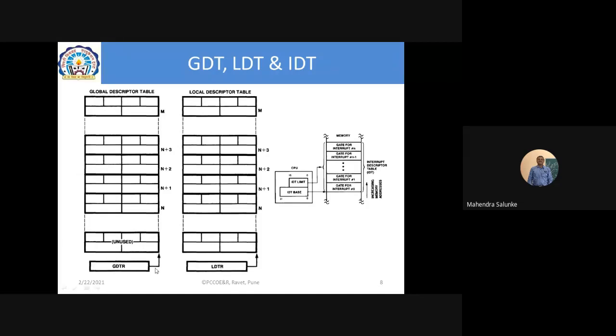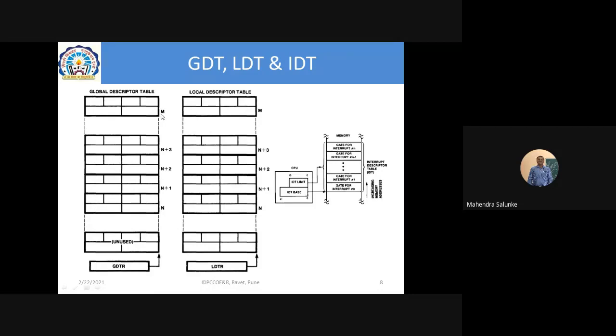This GDTR points to the starting or base of your table, and it expands in the upward direction. You can see the lower address is here and the higher addresses are at the top. On the right side, the numbers indicate the descriptor number: n, then n plus 1, n plus 2, n plus 3, and then m. M indicates the last descriptor in the table.